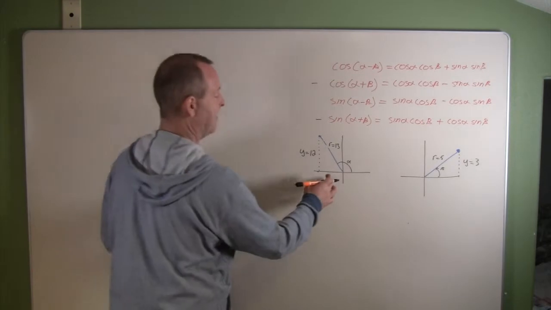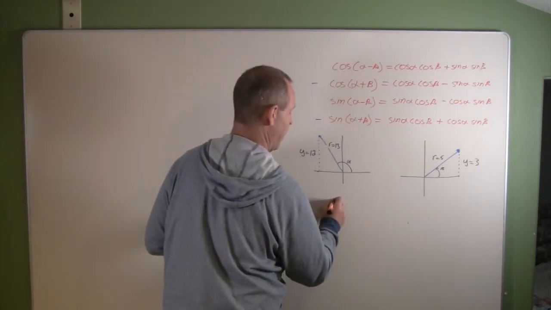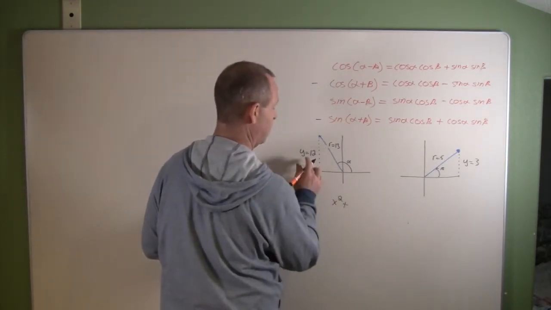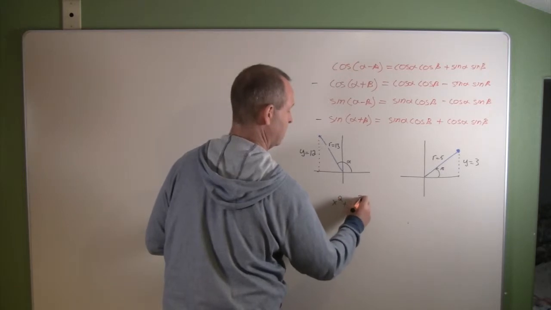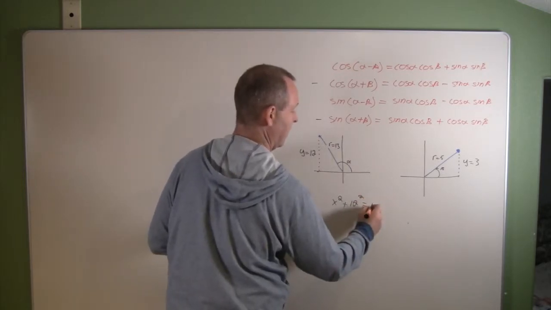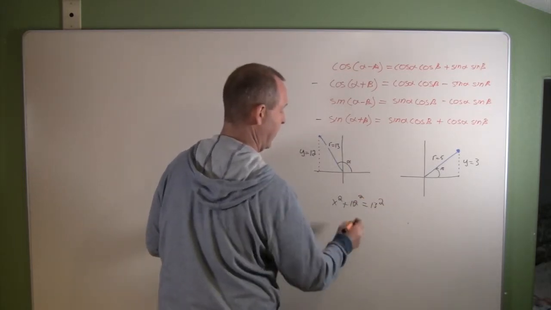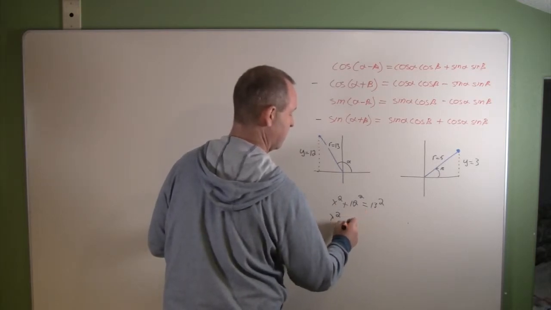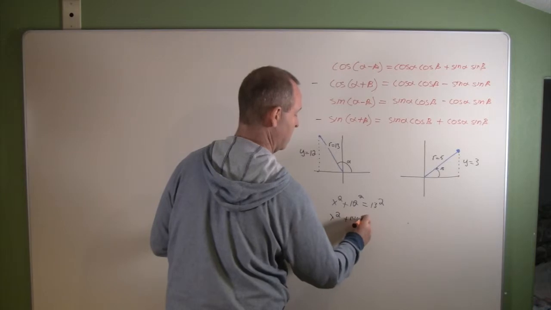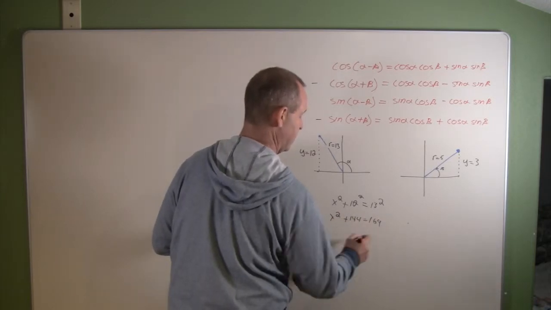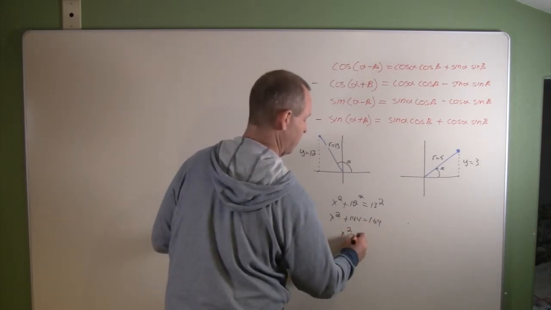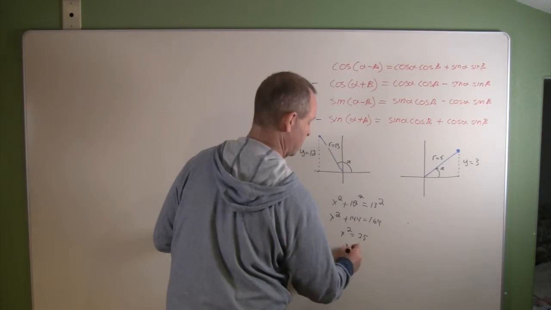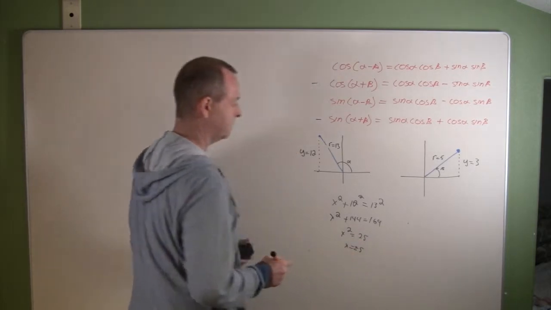If not, I remember that this side, some x, squared, plus this side squared equals the hypotenuse squared. So x squared plus 144 equals 169, x squared equals 25, x equals plus or minus 5.